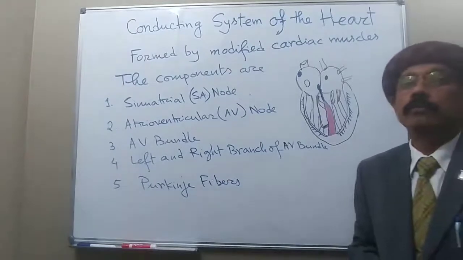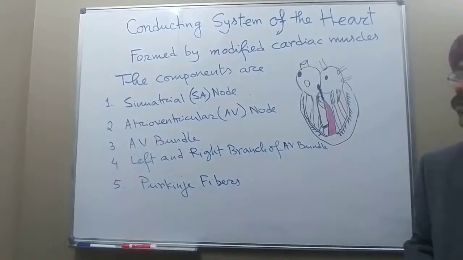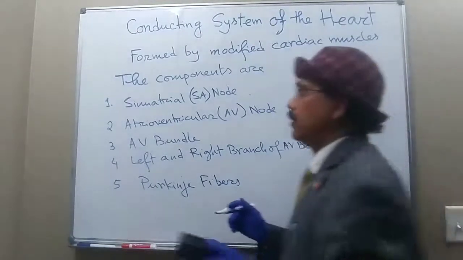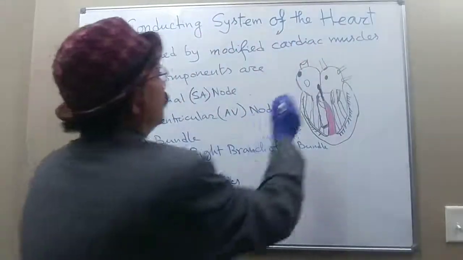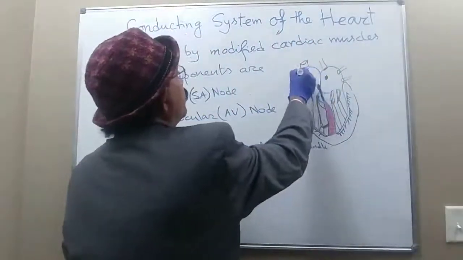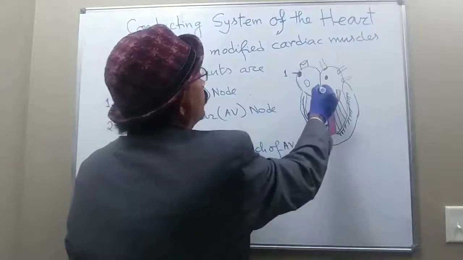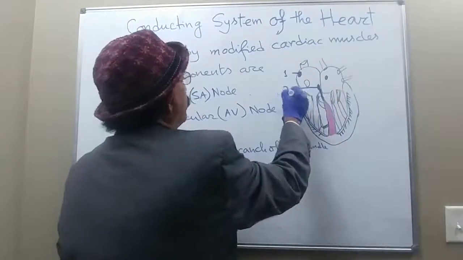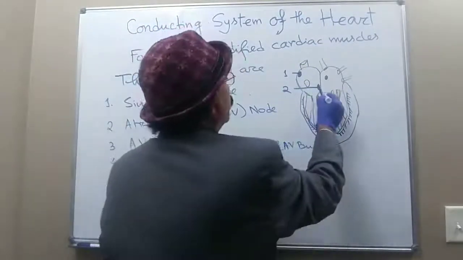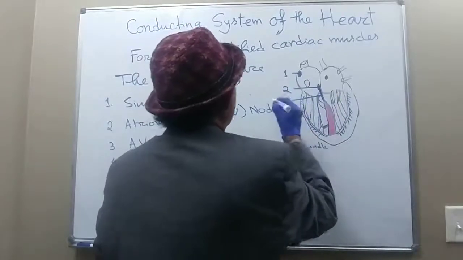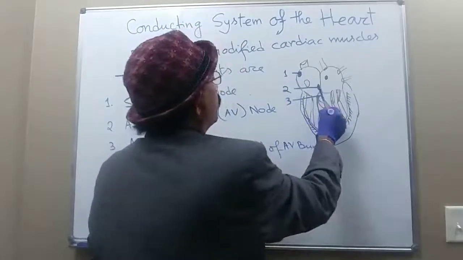Now we'll find out the location of each of them. First of all, to identify: this is the SA node, this is the AV node, this is the AV bundle, then the left and right branch.